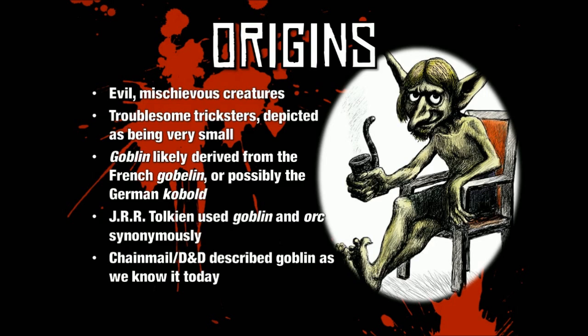In Chainmail and original D&D, the goblin as we know it today was sort of set in stone as a small, sort of cowardly, devious, trap maker, ambusher creature.